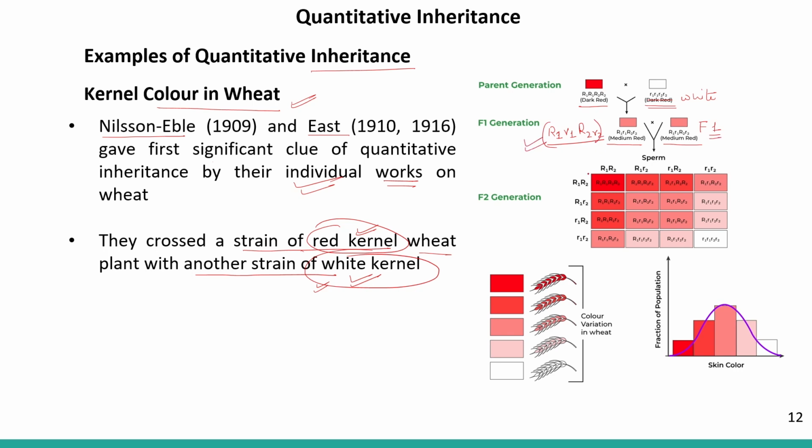Now we will take two plants, one acting as a male and another acting as a female. So there will be the egg in the embryo sac, and sperm, as in the pollen grain, the male gamete.